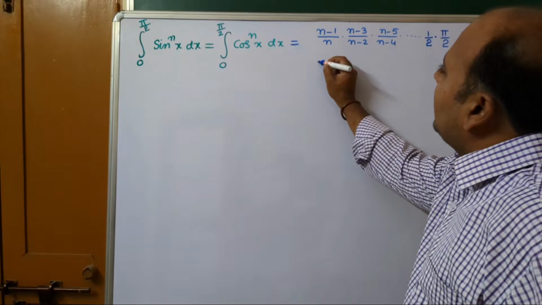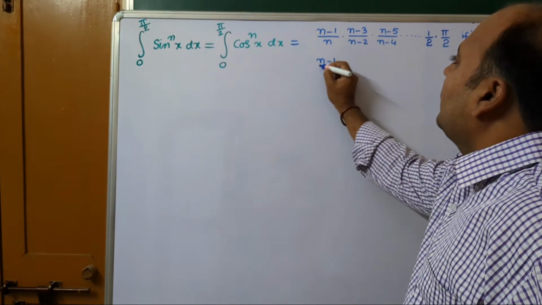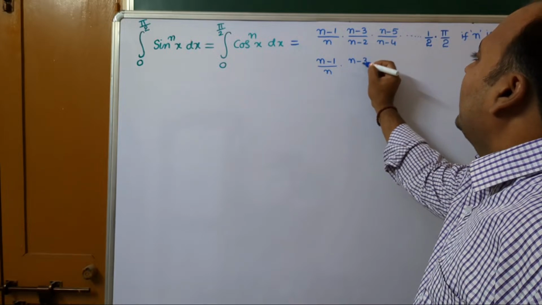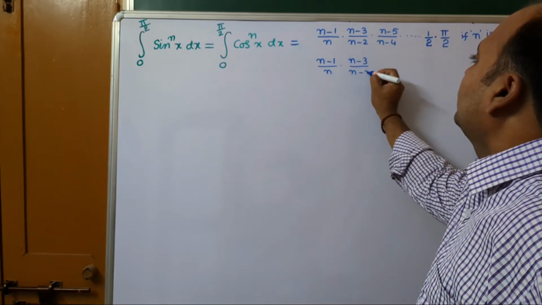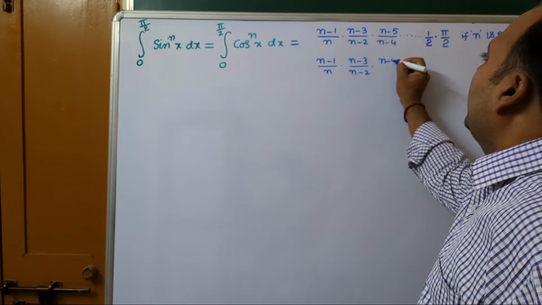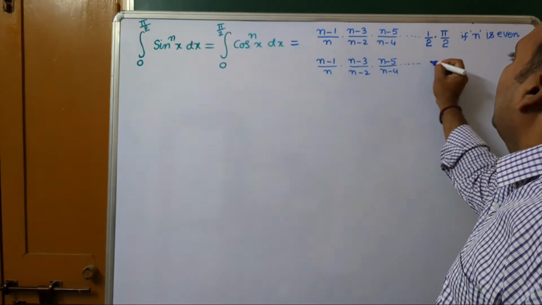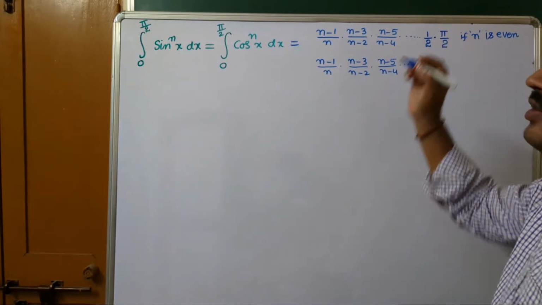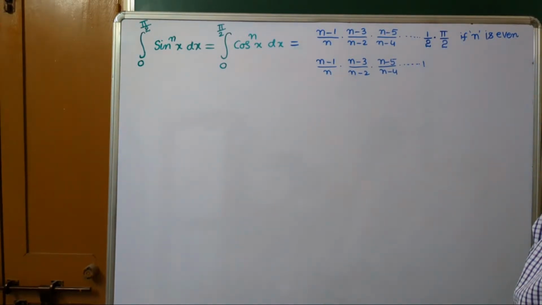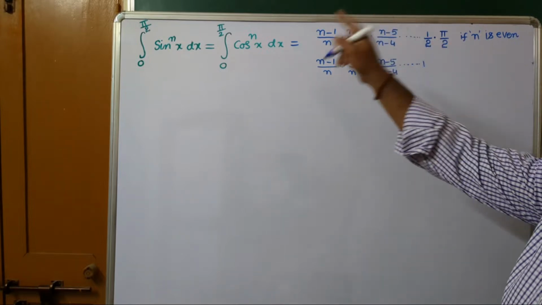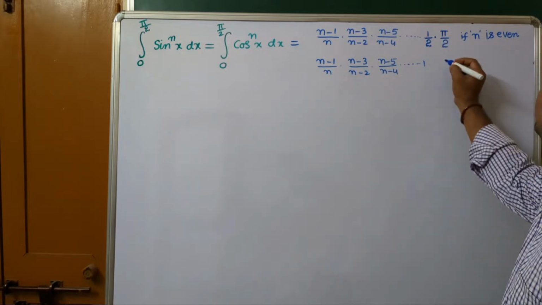Similarly, the same formula: n minus 1 by n, n minus 3 by n minus 2, n minus 5 divided by n minus 4, and so on into 1. We can stop wherever we get 1, if n is an odd number.